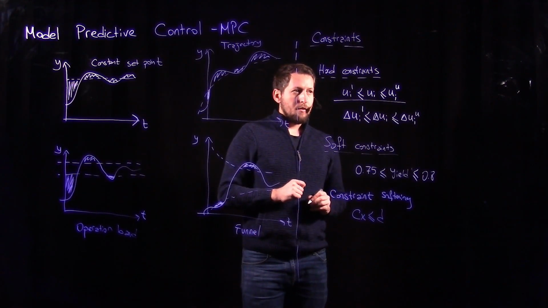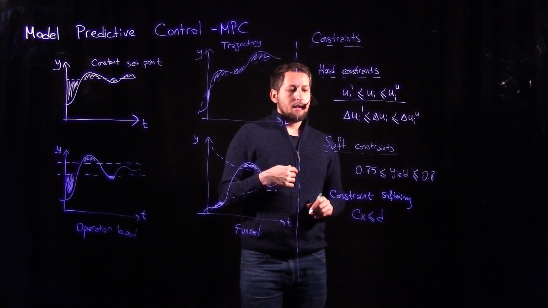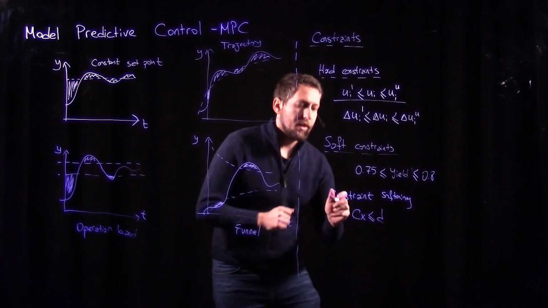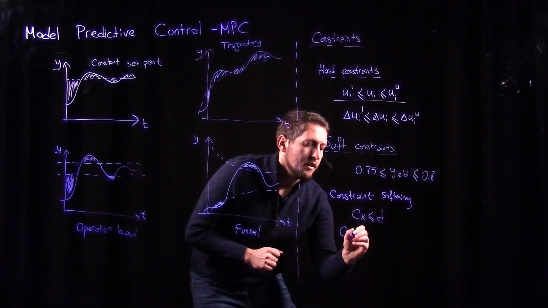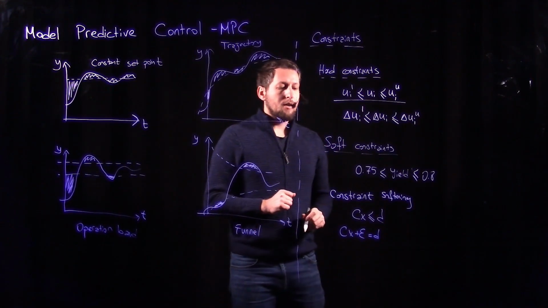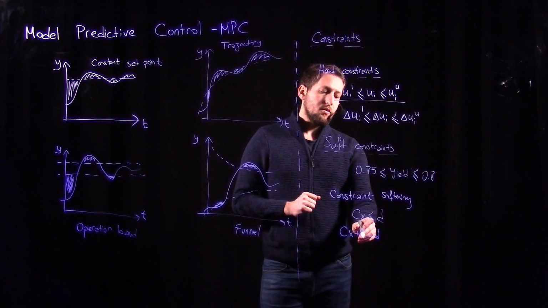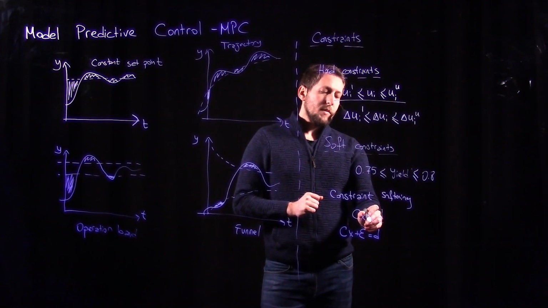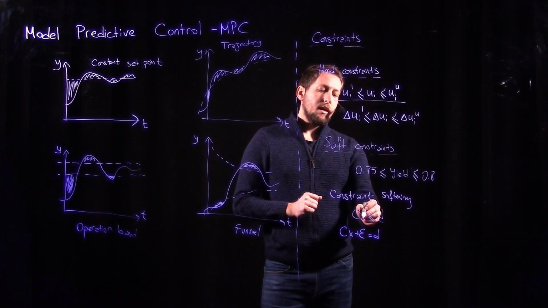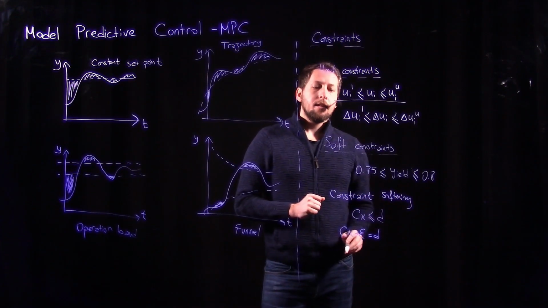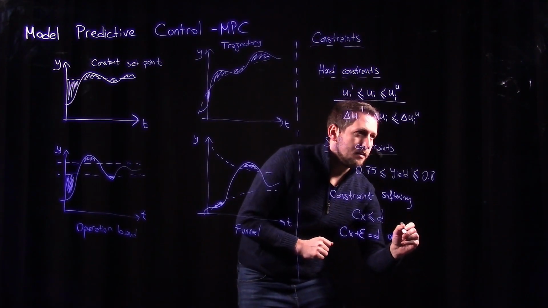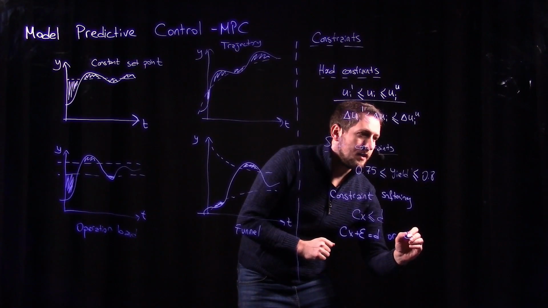And if I add a slack variable, which is epsilon, this could also be represented as something like that: Cx plus epsilon is equal to d. So what we have here, if epsilon is equal to 0, then I have Cx is equal to d. If it's a greater value than 0, then I have Cx is less than d here. And this could also be written like that.